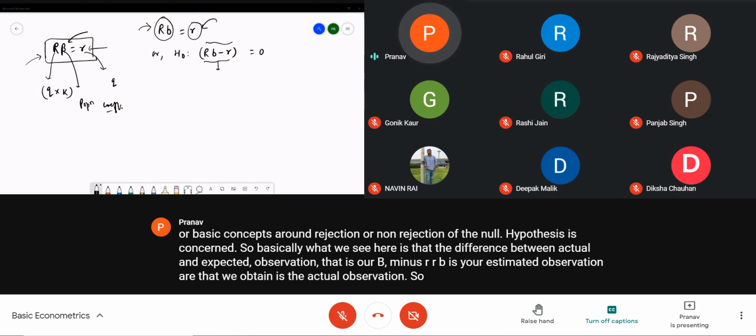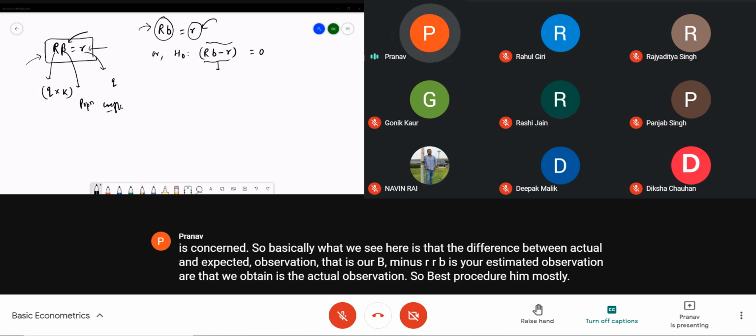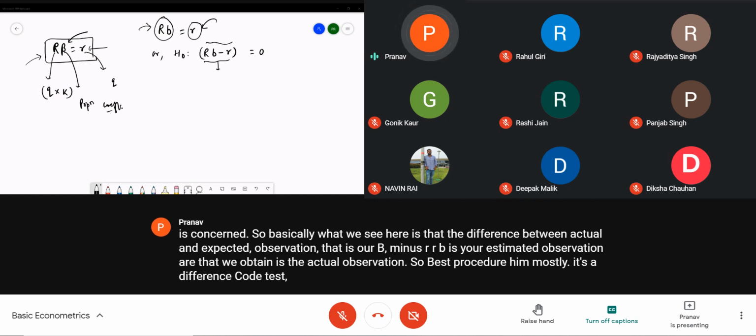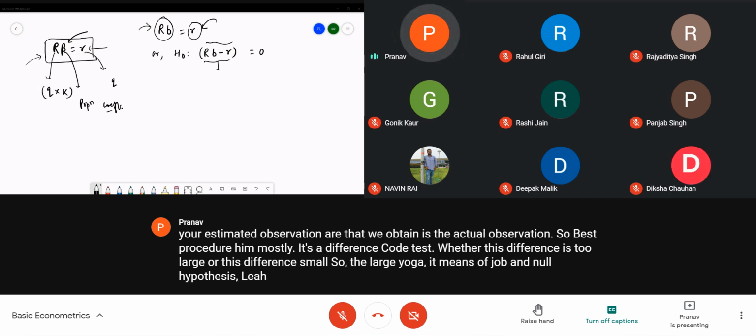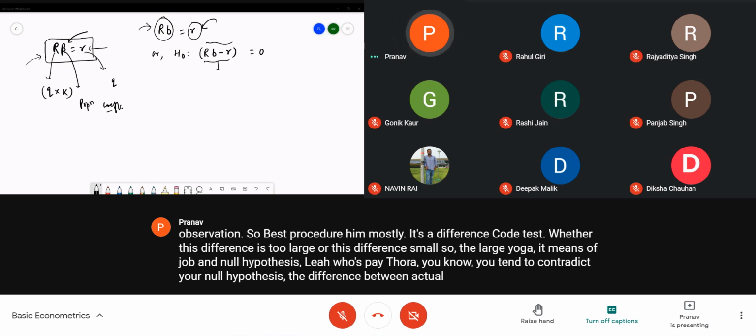So our test procedure mostly tests this difference, whether this difference is too large or small. If it is large, it means you tend to contradict your null hypothesis if the difference between actual and the estimated observation is too large.